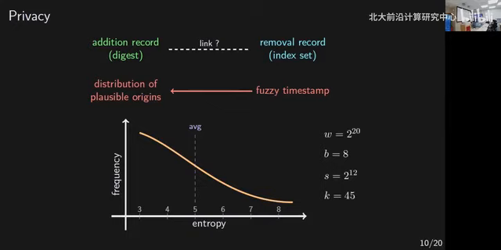But in fact, the entropy that you're getting is higher on average than 3. And that's computed experimentally. And entropy, experimentally speaking, is slightly larger than 5, which corresponds to an anonymity set of 32 in the geometric mean.